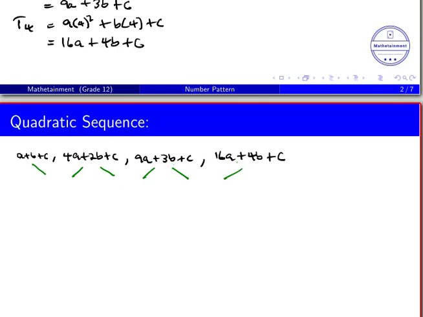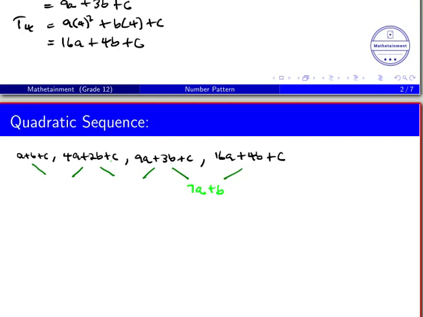My term number 4 minus term number 3: 16a minus 9a gives me 7a, then 4b minus 3b gives me b, and c minus c gives me 0.